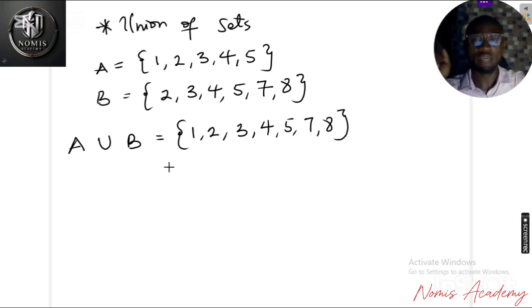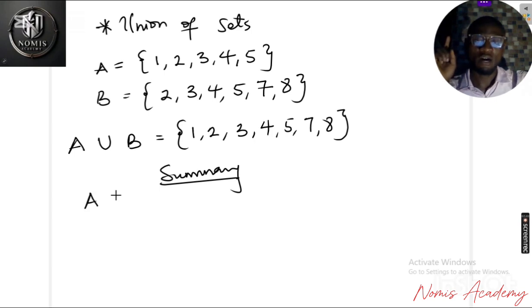So in summary, I want to summarize what we've done. If you've watched the previous video on sets, like I said, A is a superset of B. Therefore, B is a subset of A. So let me write it.